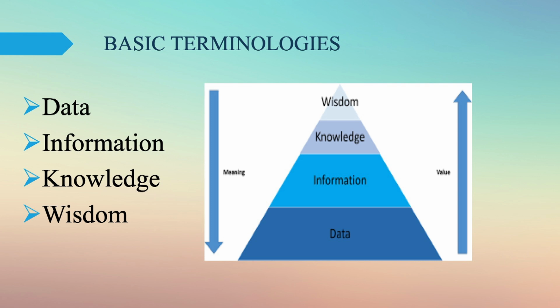The knowledge can be used to promote the business enterprises, find new patterns, and you can apply it for prediction also. The next upper layer, the cone layer, is called wisdom. When the knowledge is processed, the topmost level is wisdom.